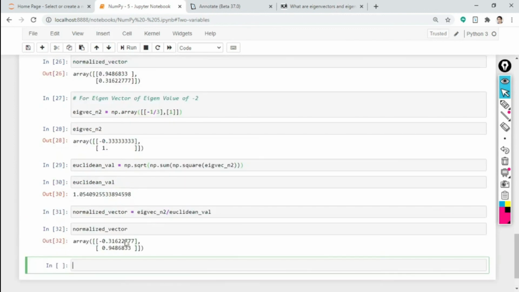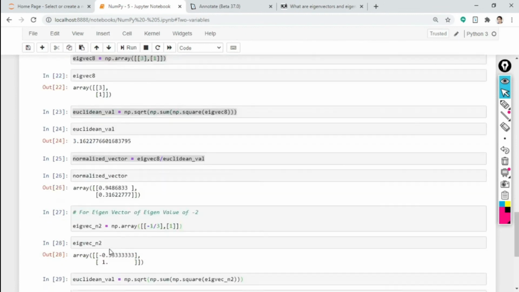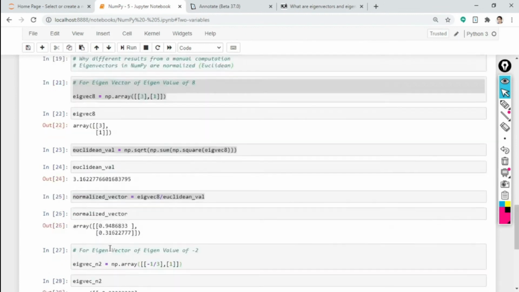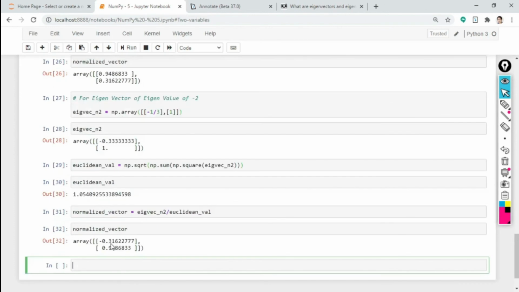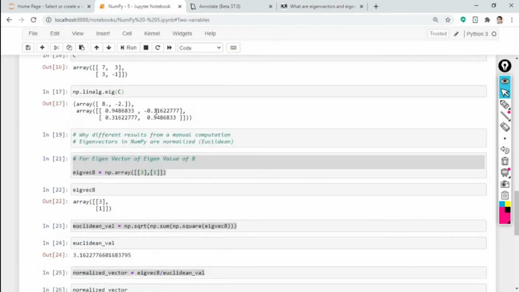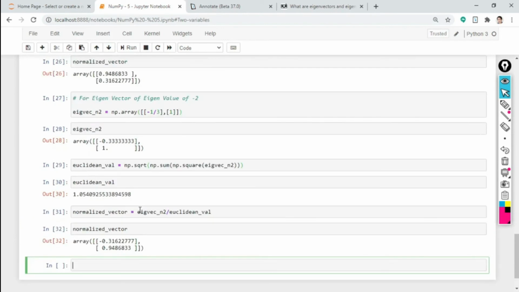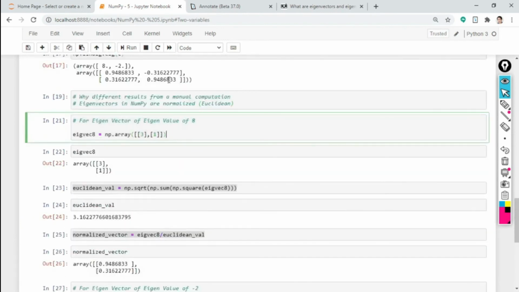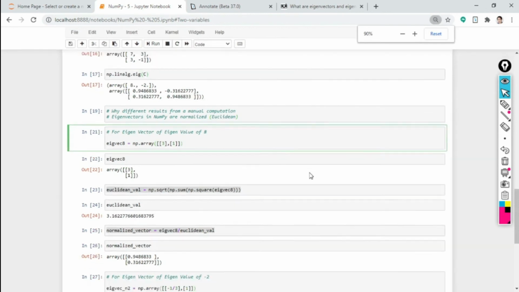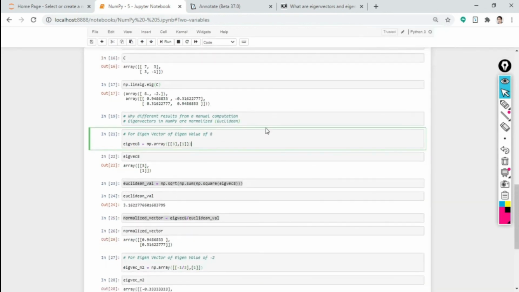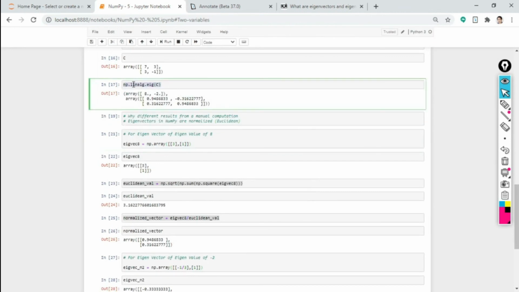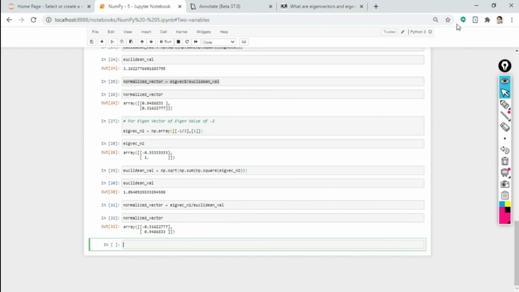Okay, so we got -0.31 and 0.94. Let's see, -0.31, yes, and we got 0.94. Okay, so it's the same. If you want to see this, let me zoom out. Maybe I will just execute this again.